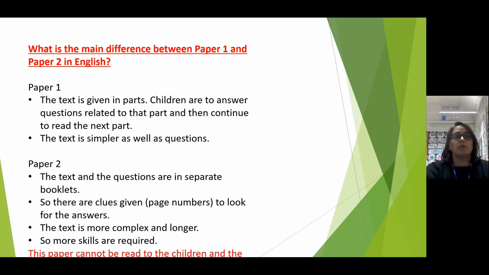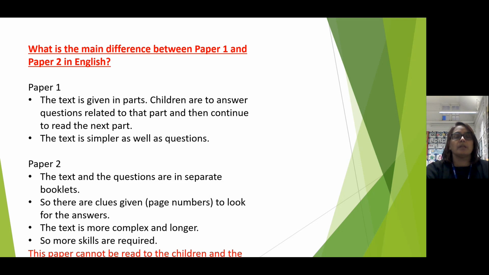Paper 2 is a little more complex. The text is more complex and it is much longer, so they need to skim more of the text. And then the questions and text are in separate booklets, and more higher skills are required to comprehend the text.